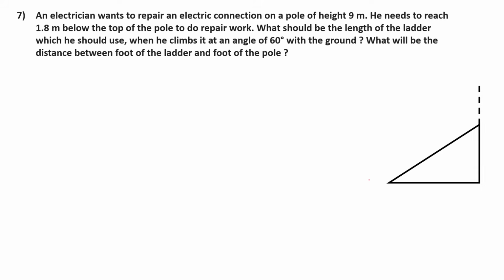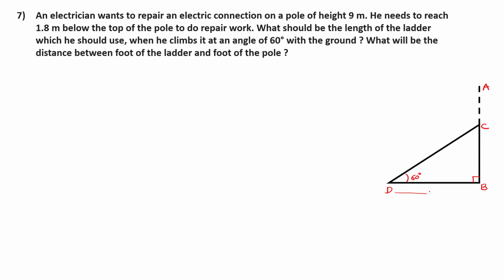So the diagram is ready. It is point D, foot of the ladder, point B, foot of the pole, point C, repair area, and A, top of the tower. Now the ladder is making a 60 degrees angle with the ground. The pole is making 90 degrees with the ground level.